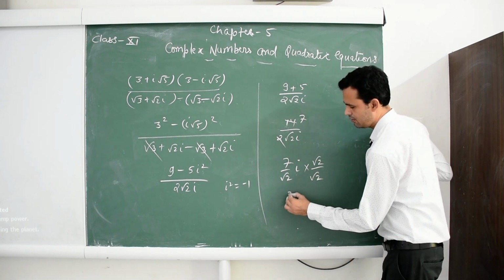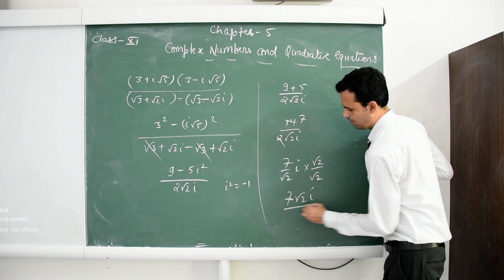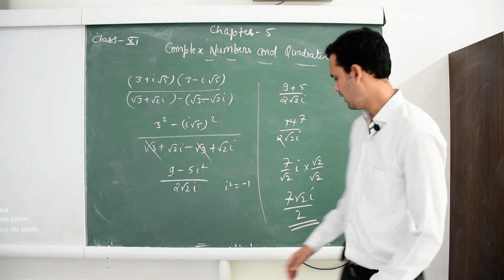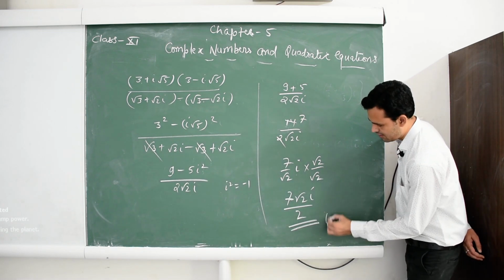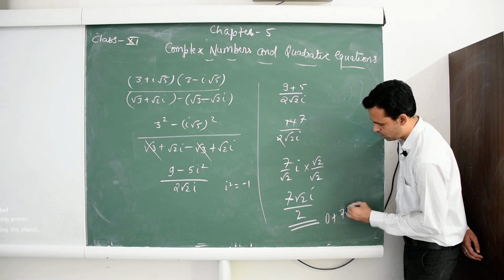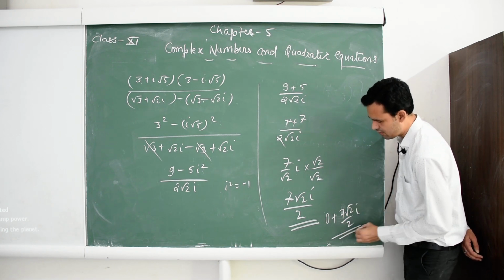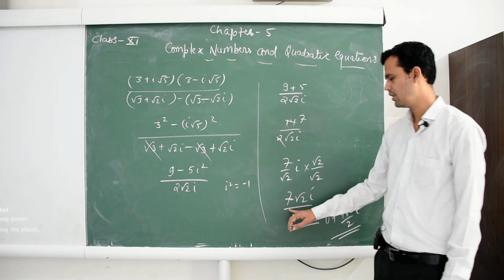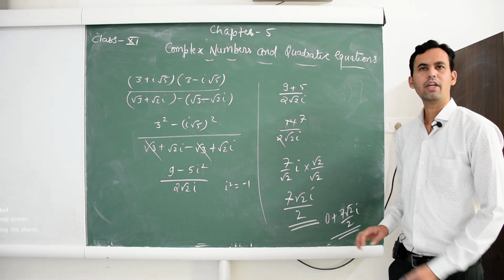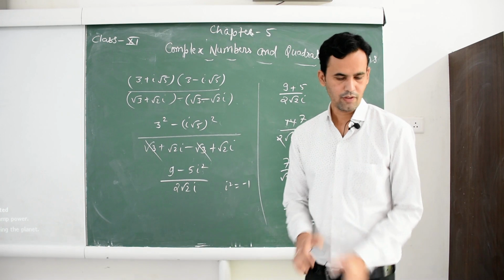So 7 root 2i upon 2 is the answer of this question. And the form of a plus ib is 0 plus 7 root 2 by 2 i, because the real part is 0 in this question. This is exercise 5.1.